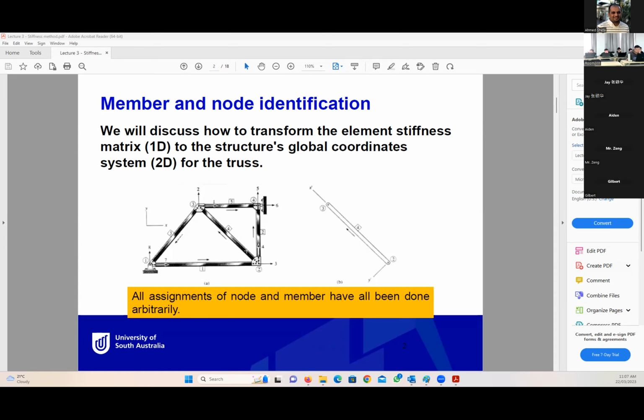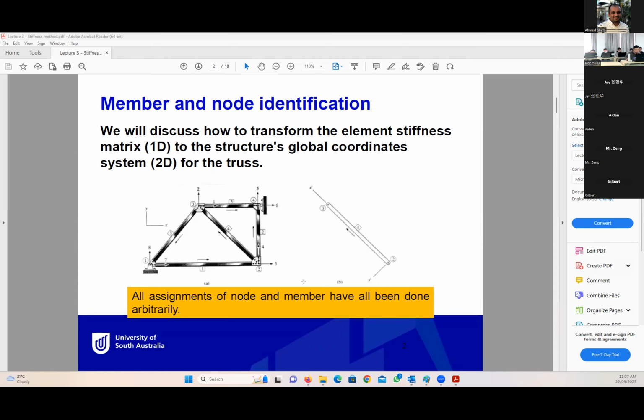Okay, if you look at the numbering of nodes and the numbering of displacements here, there are some tips to number the nodes or the displacements. We have displacements 1, 2 at node 3, 3 and 4 at node 2, then 5 and 6 at node 4, 7 and 8 at node 1.